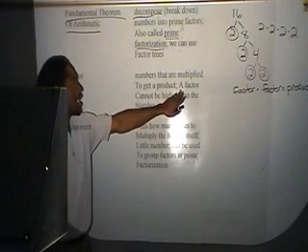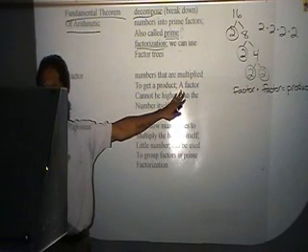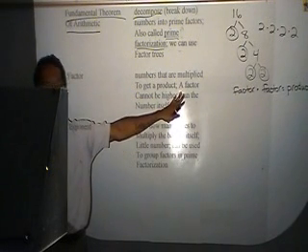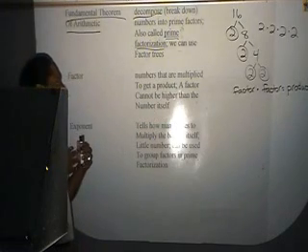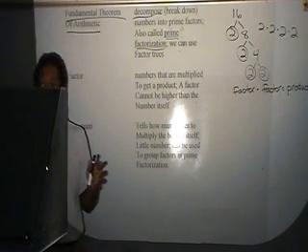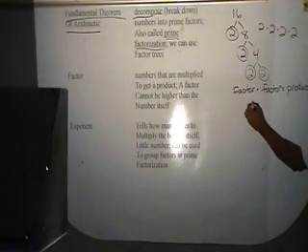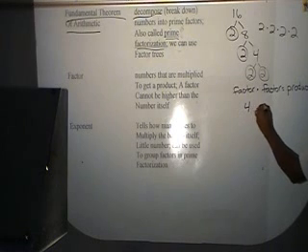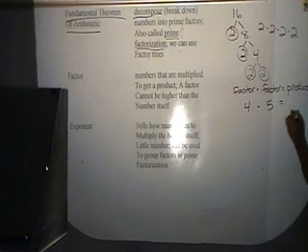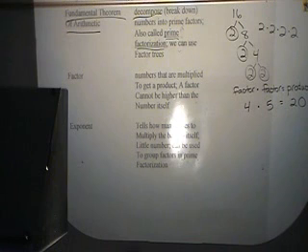Now, a way that you check to make sure you're writing the right answer: a factor cannot be higher than the number itself. Let's fill this in with some numbers. 4 times 5 equals 20.